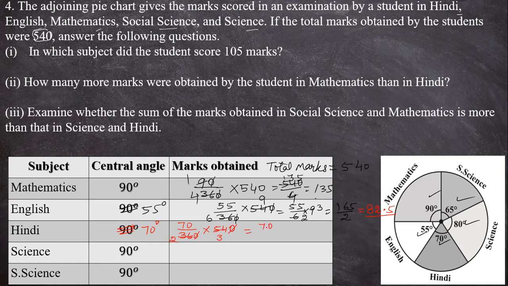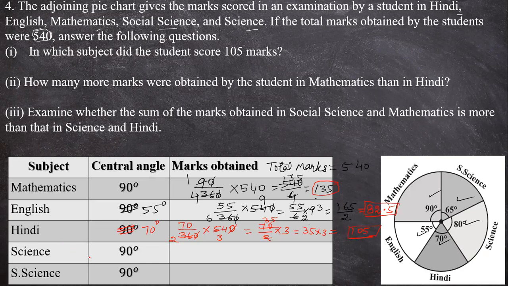So here we got 70 upon 2 into 3. 2 ones are 2, 2 thirty-fives are 70. So we got 35 into 3. 3 fives are 15, 1 carry, 3 threes are 9, plus 1, 10. So 105. Here 135, here 82.5, here 105.